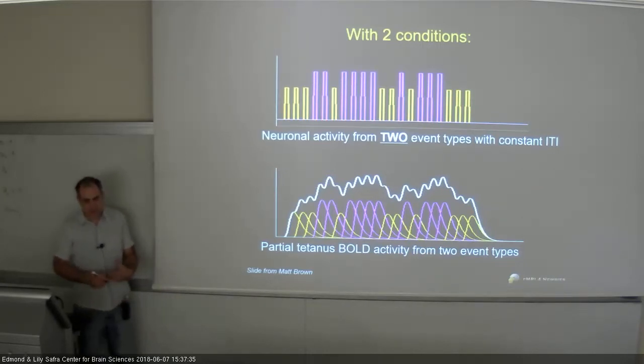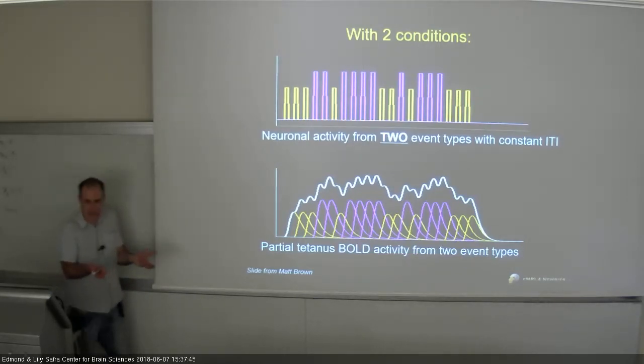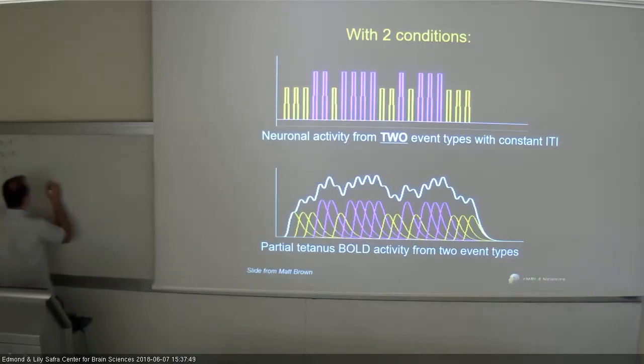Even if you take into account the dynamics of the HRF, the canonical HRF is the same. So you give it, let's say, condition 1, and here condition 2, condition 1, condition 2 again, 1, 2, 1, 2, 1, 2.